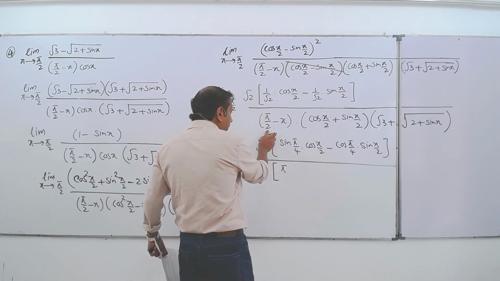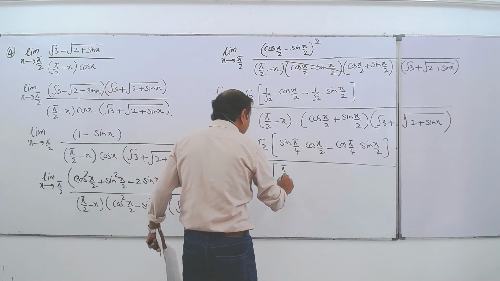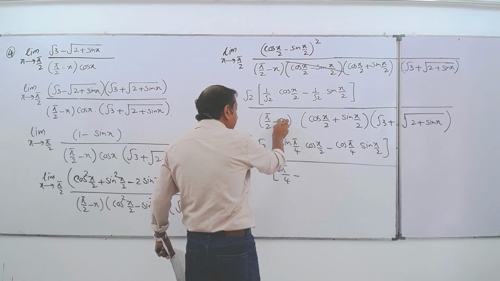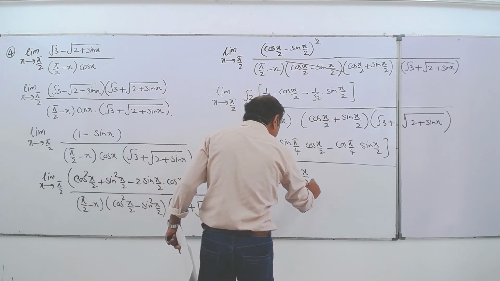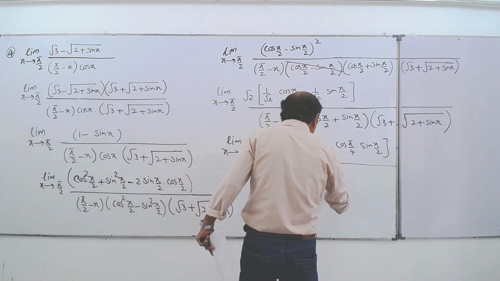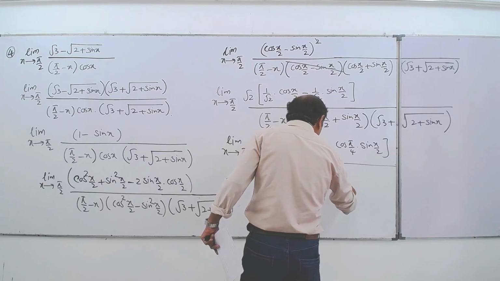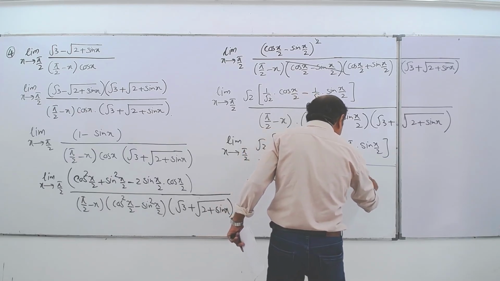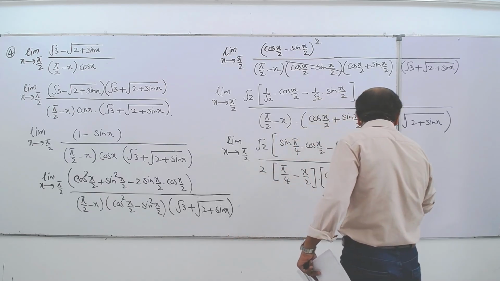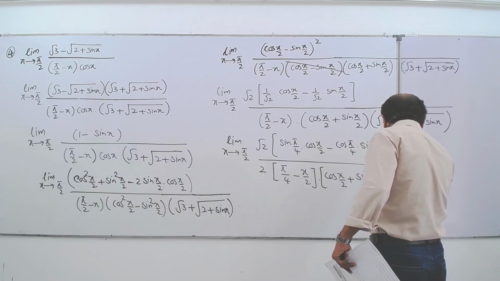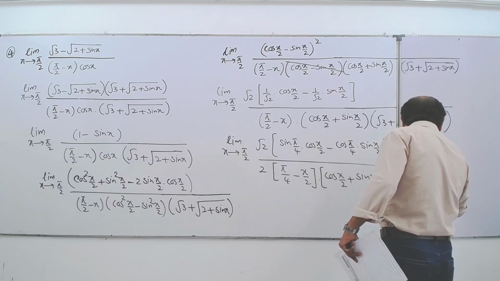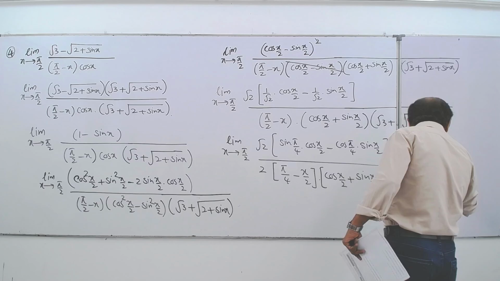This we divide by 2, multiply by 2. This won't change, pi by 4. This we divide by 2, multiply by 2, x by 2. Right. Cos x by 2 plus sin x by 2, root 3 plus square root of 2 plus sin x.